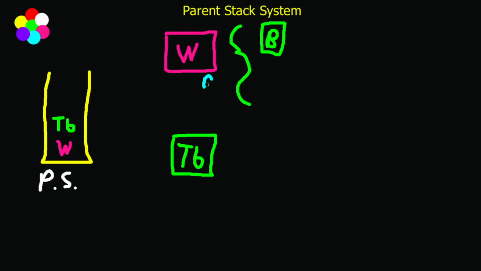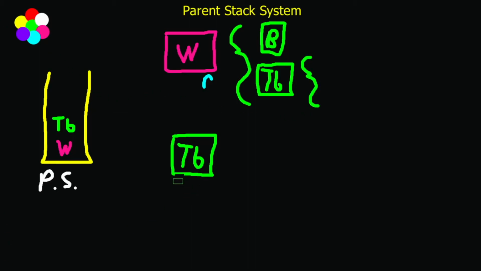Because it's not a root item, it has to have a parent. It looks at the parent stack and says, hey, there's my parent, the top item is a window, and it puts itself here. But like I said, it is a parent itself.